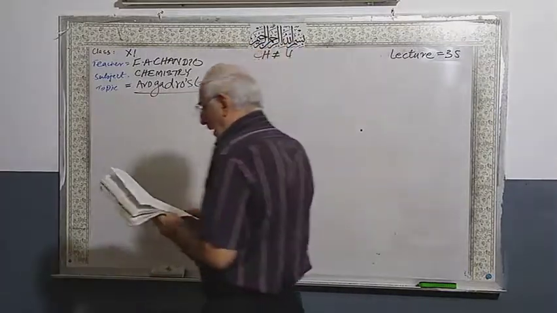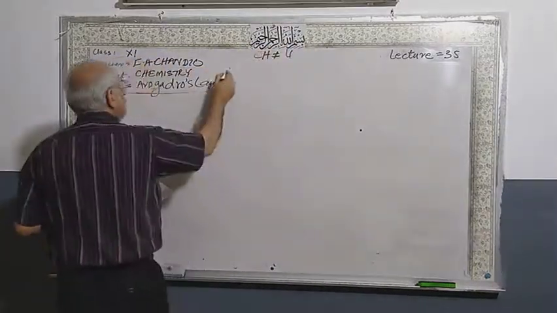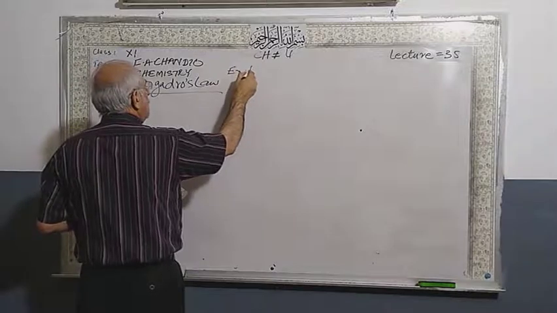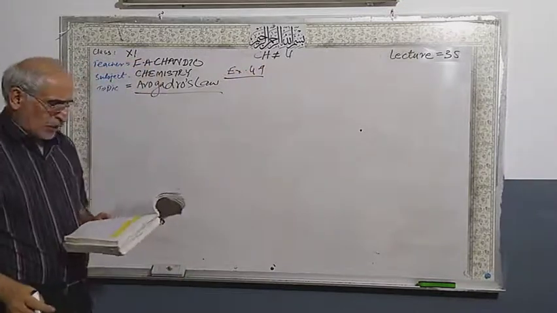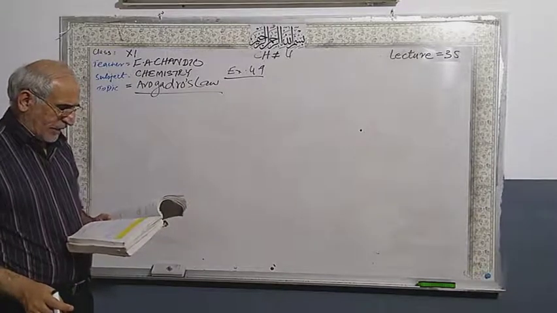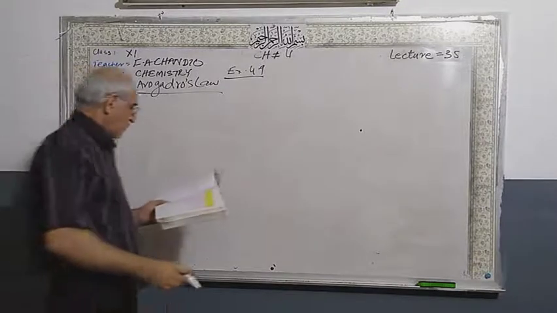So here is numerical example number 4.9. Mass, volume, number of particles of the gas.